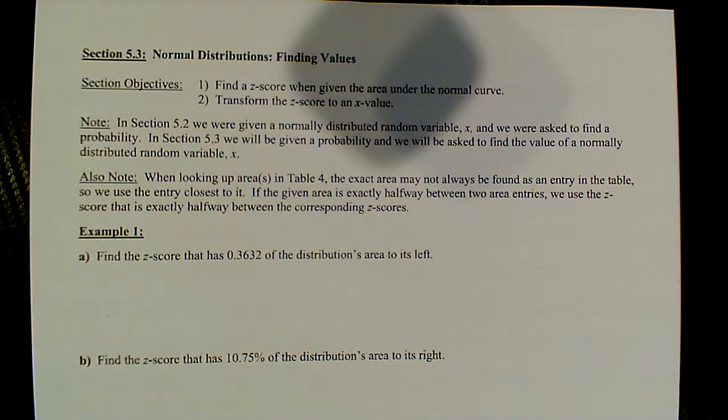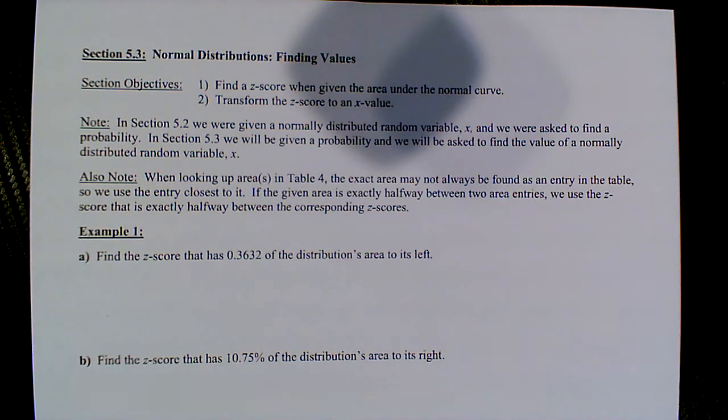Hello everyone, this is section 5.3, still with normal distributions, but now we're going to look at basically the reverse of finding z-scores, that is finding x values or data values. So the objective is to find a z-score when given the area, so reversing the process.